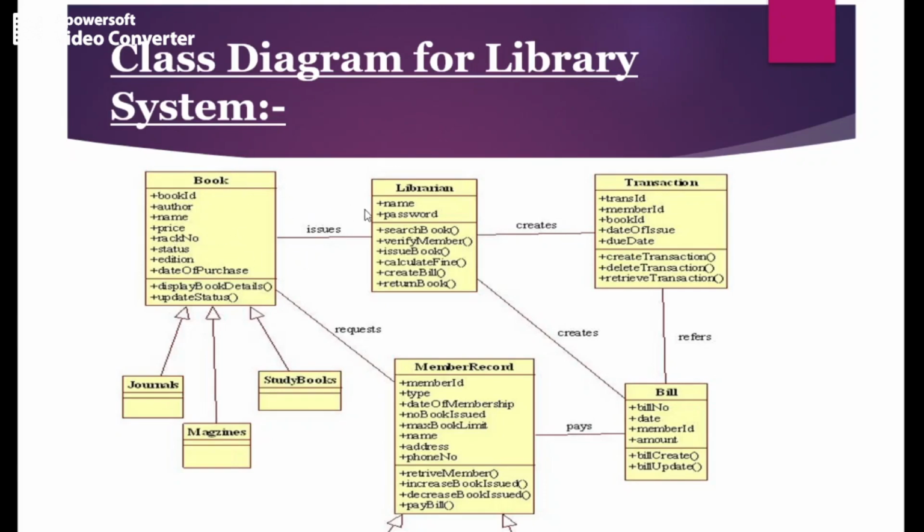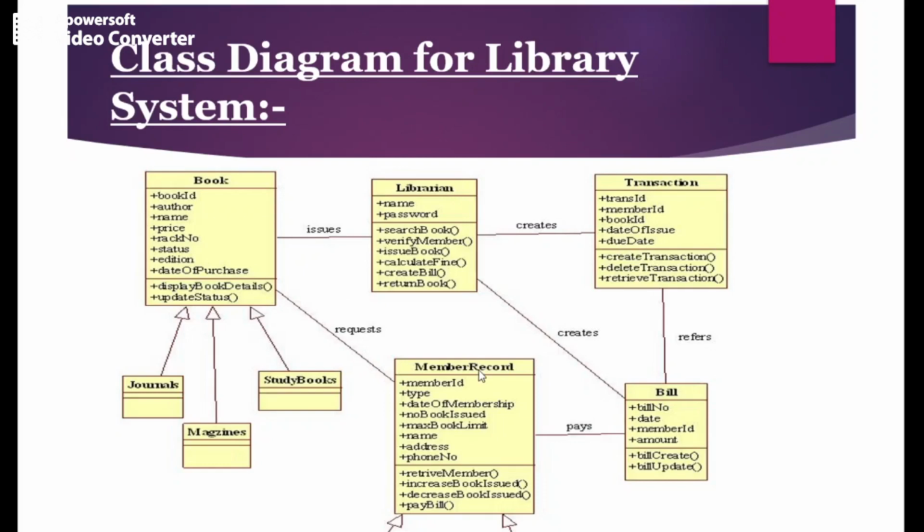Then librarian: name, password. He can search the book, verify the member, issue the book, calculate the fine, create the bill, return the book. Correct? The librarian issues the book, and the librarian creates the transaction. So you have trans ID, member ID, book ID, date of issue, due date, create transaction, all those.